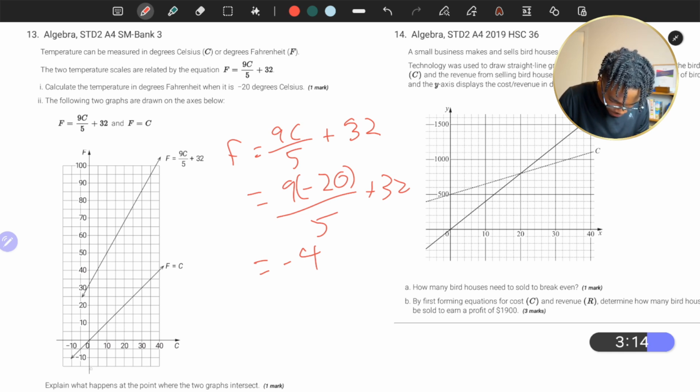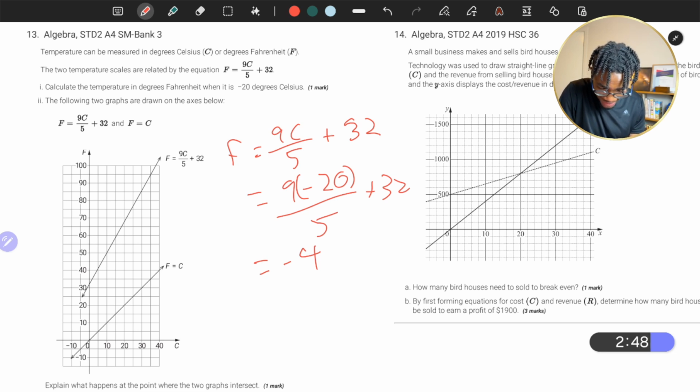Negative 4 here, and then the following graphs are drawn on the axis. Explain what happens at the point where the two graphs intersect. We could just say maybe Celsius equals Fahrenheit.